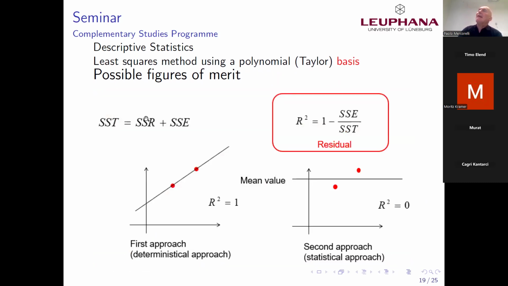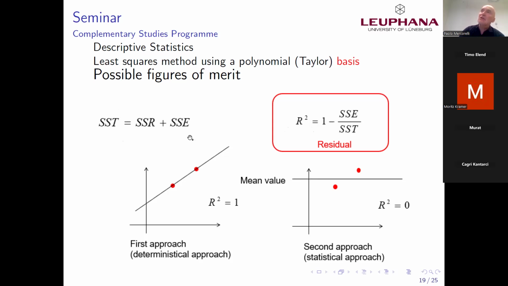Now, if I apply it always, assuming that it's approximated, here extremely approximated, and I divide this equation by SST, I will obtain 1 minus SSE divided by SST. Why that? Because SST divided by SST is equal to 1. SSR divided by SST, I will call R squared.